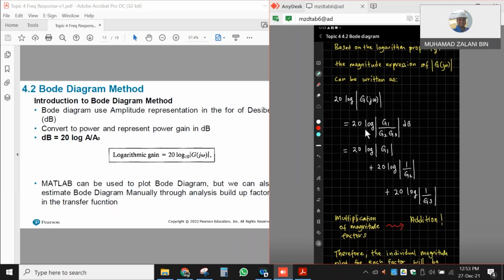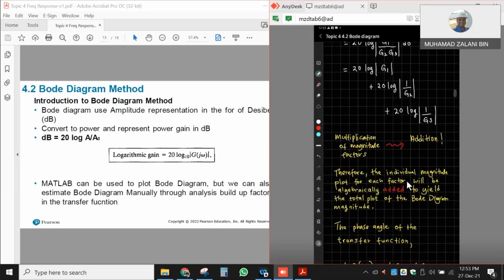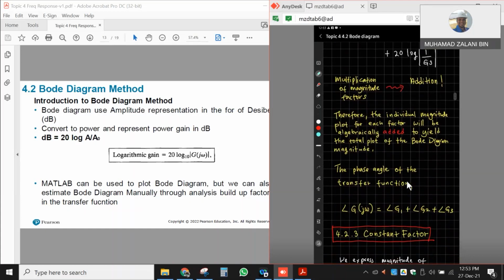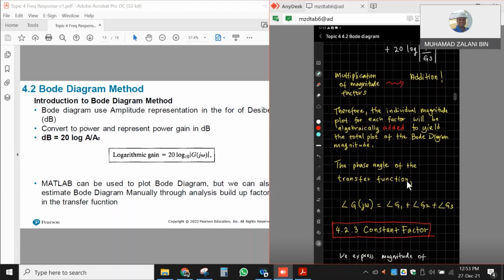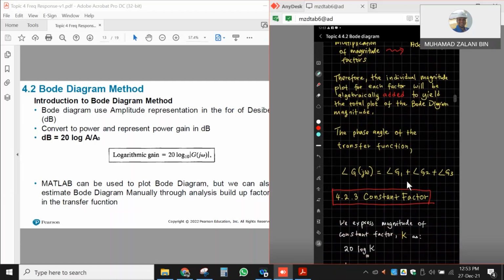So when you use the log property on G1 divided by G2 times G3, the multiplication of the magnitude factors becomes addition. As you see in the lecture notes, the individual magnitude plot for each factor will be algebraically added to yield the total plot of the Bode diagram magnitude.